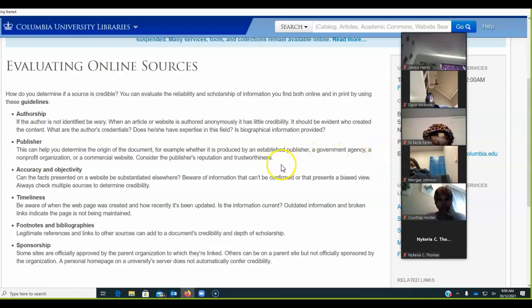Awesome. Nikayla, can you read about the publisher, please? This determines the document, for example, whether it is produced by an established publisher, a government agency, a non-profit organization, or a commercial website. Consider the publisher's reputation and trustworthiness.